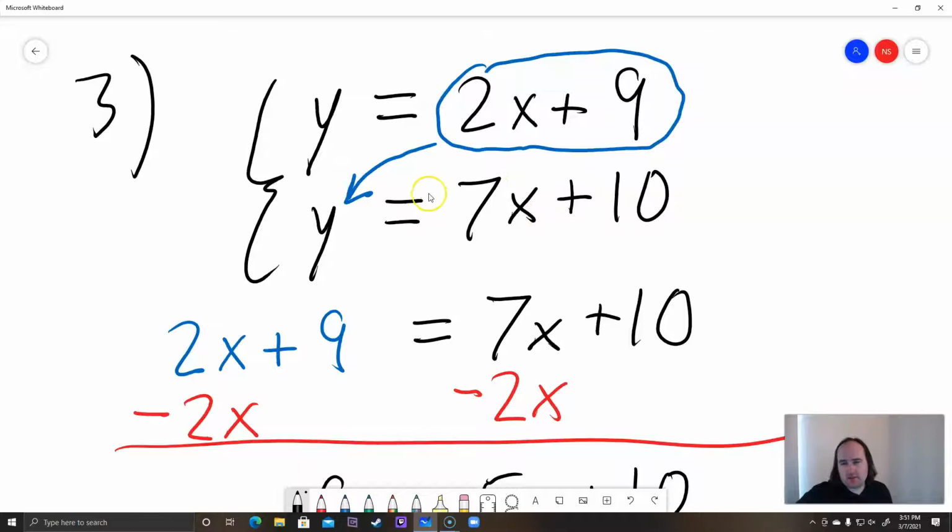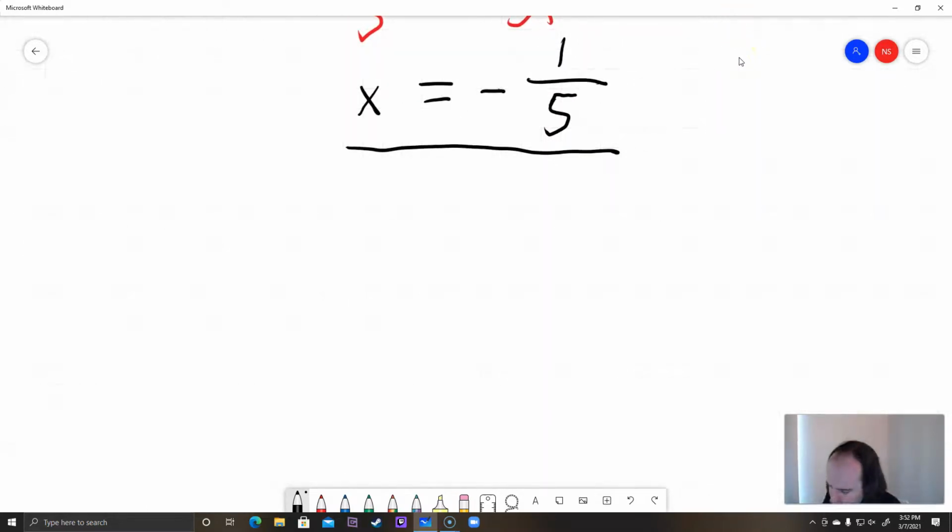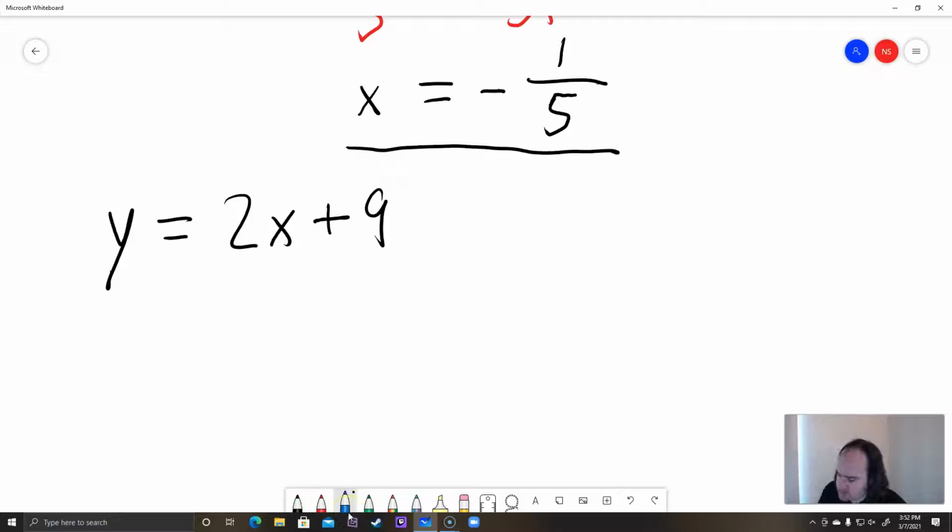I'm just going to choose the top one because it looks like it has smaller coefficients, but you could also choose the bottom one. So the top one is y equals 2x plus 9. Then we're going to substitute our value for x, plugging in negative 1/5 for x here.